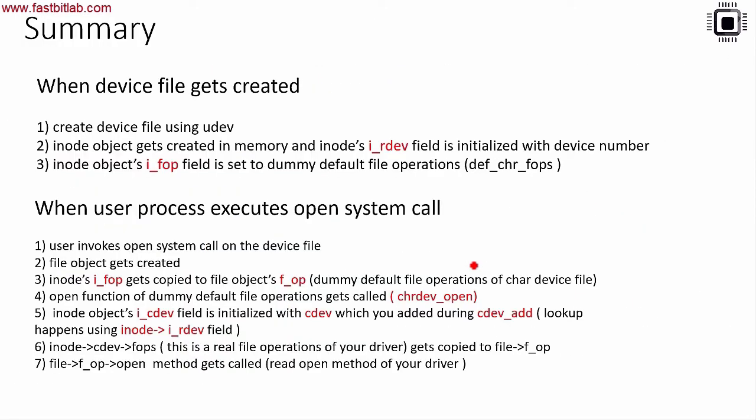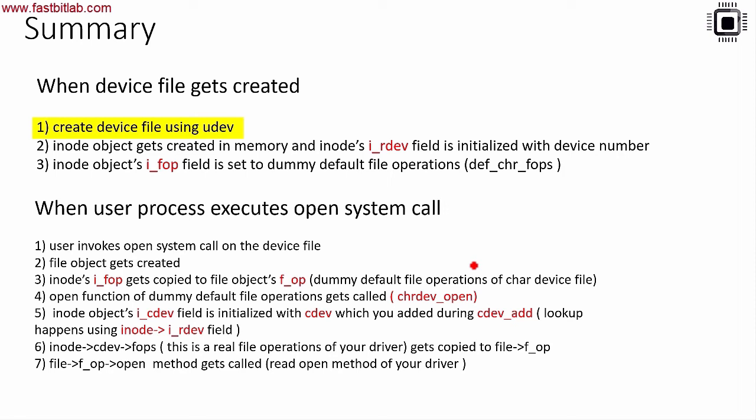If you are confused, now let me summarize. So now there are two parts. One is when the device file gets created, and another part is when a user process executes the open system call. You have to understand this in two different scenarios. First scenario is when the device file gets created. How does the device file get created? Either from UDEV or manually by running some device file creation commands.